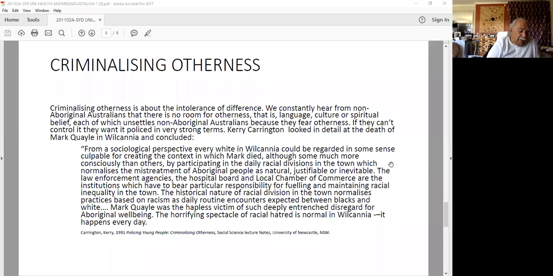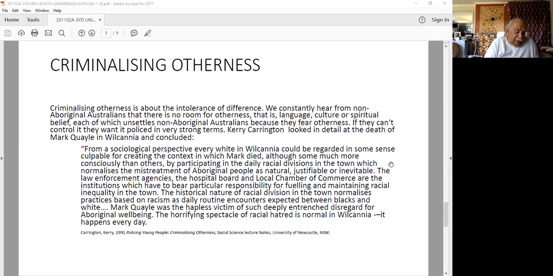The law enforcement agencies, the Hospital Board and the local Chamber of Commerce are the institutions which have to bear particular responsibility for fueling and maintaining racial inequality in the town.